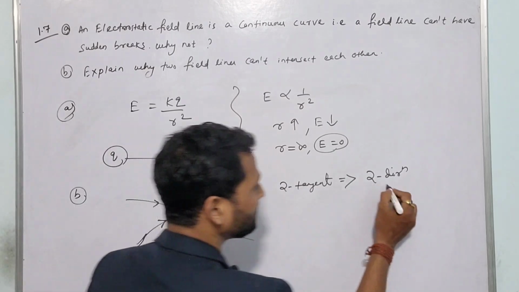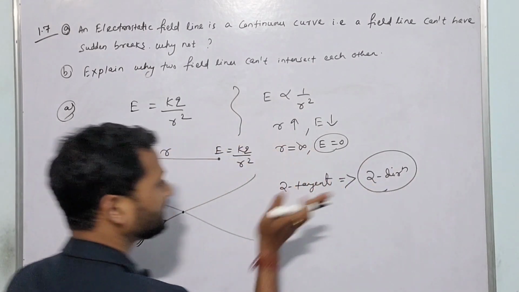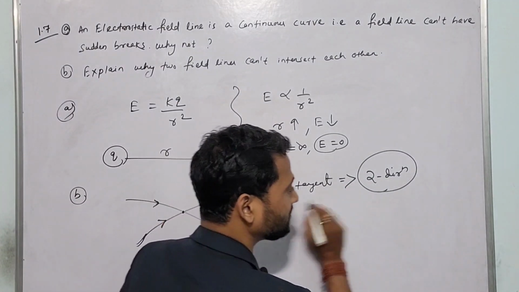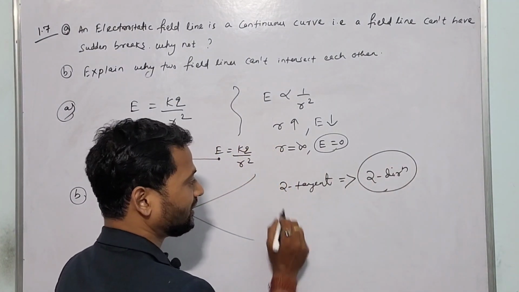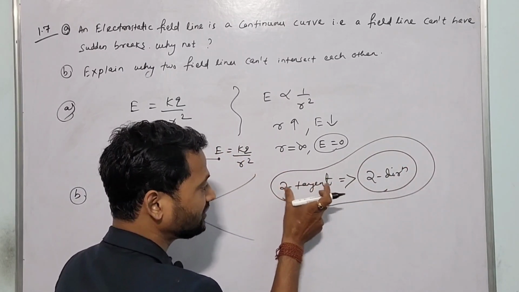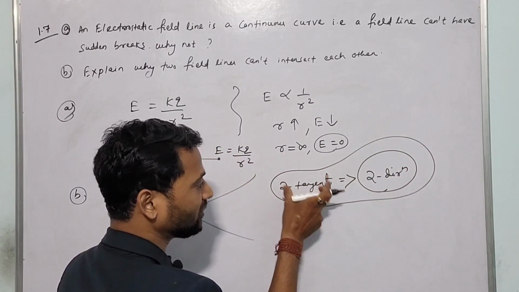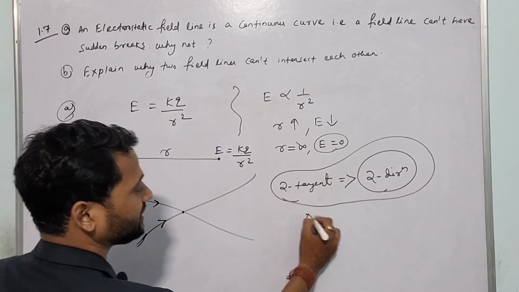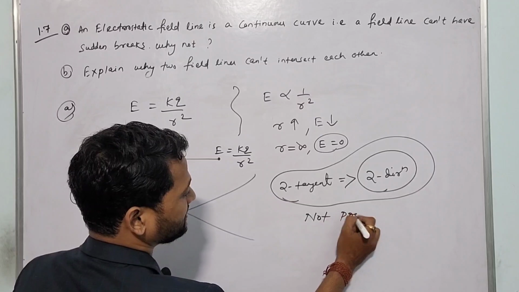You cannot get two directions for a single line. One electric field line means one direction. If they intersect, the probability is you can get two tangents. If there are two tangents, there will be two directions. Two directions is not possible.